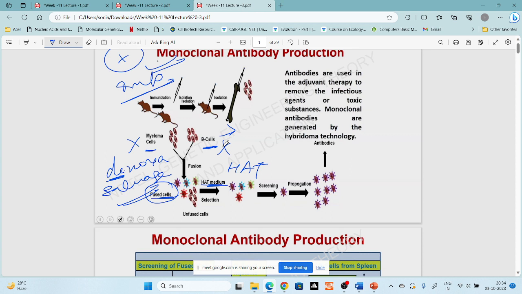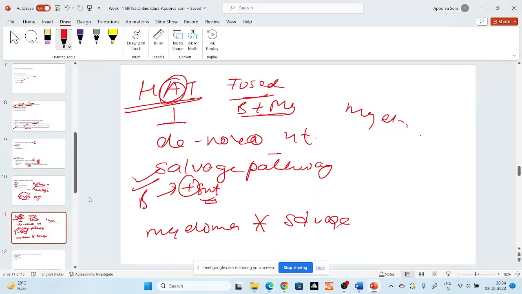If you have read about the mechanism of development of B cells, when B cells encounter antigen, they go through a process of clonal expansion, and that clonal expansion will lead to the production of antibodies. See, it's easy now.